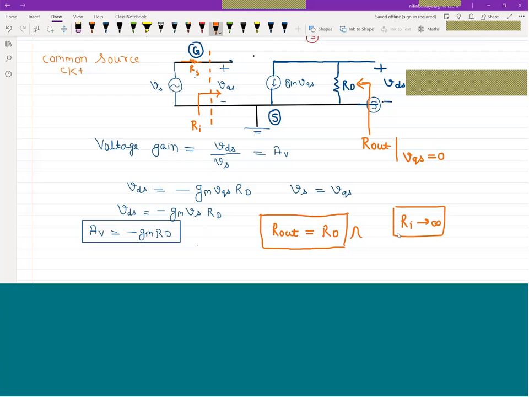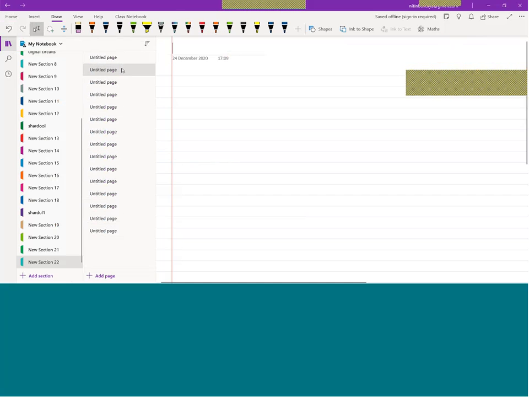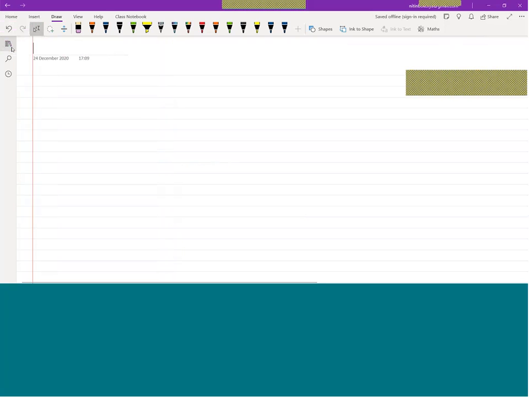So in a small signal case, we want to analyze all the cases which we saw in the analysis of the bipolar junction transistor. Those cases we want to analyze here.